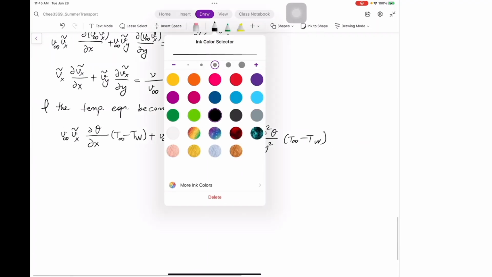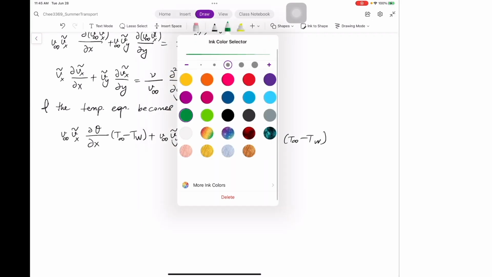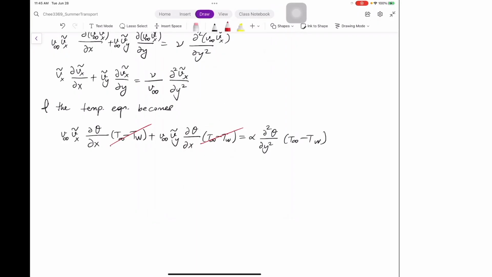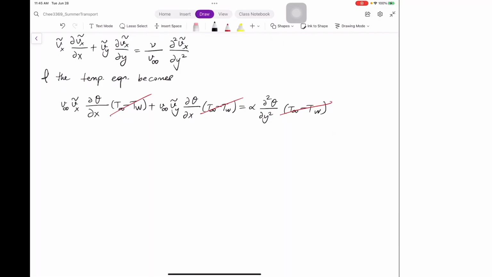And miraculously, we cancel the T infinity minus T walls and divide by V infinity. We get Vx tilde del theta over del x plus Vy tilde del theta over del y is equal to alpha over V infinity del squared theta over del y squared.